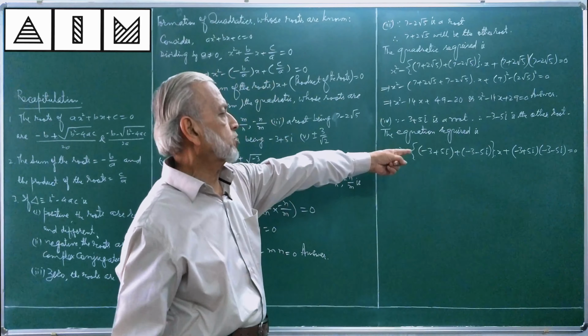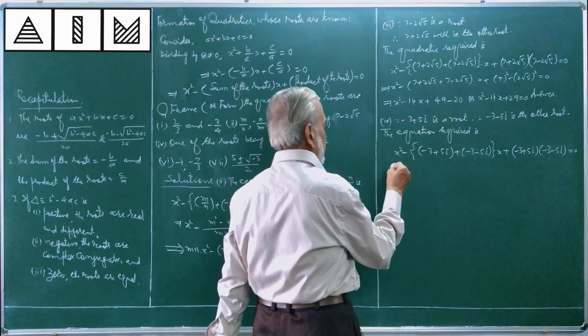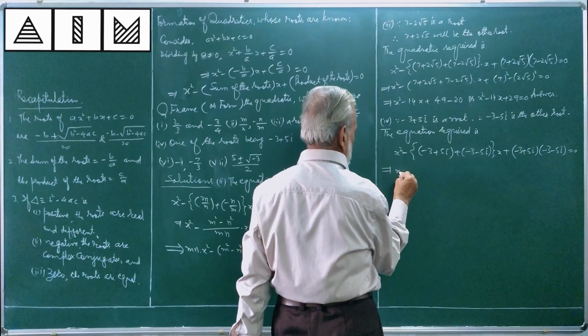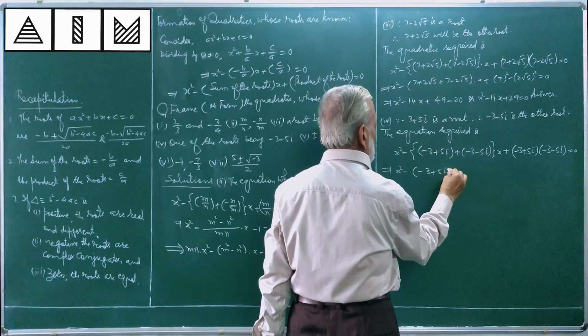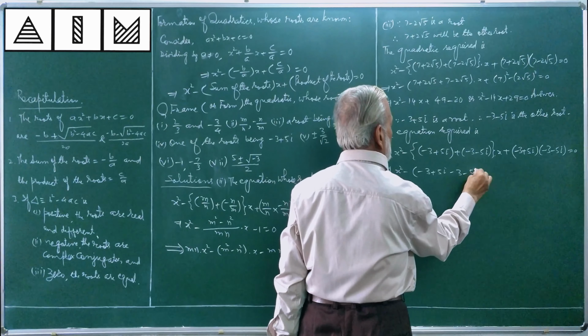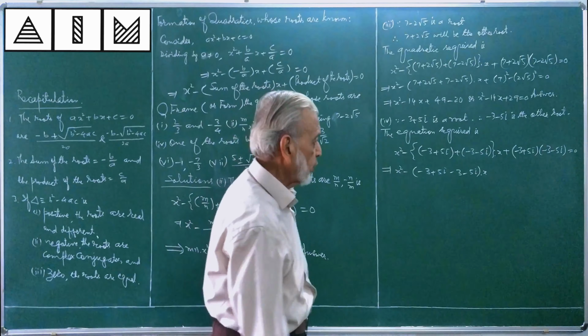X square minus sum of the roots into x plus product of the roots is equal to 0. Simplification you must watch. I don't want to explain that simple work.